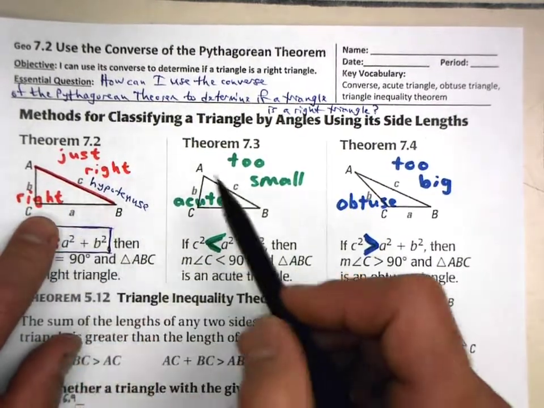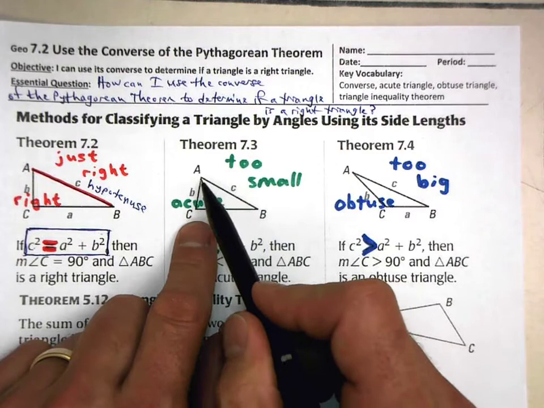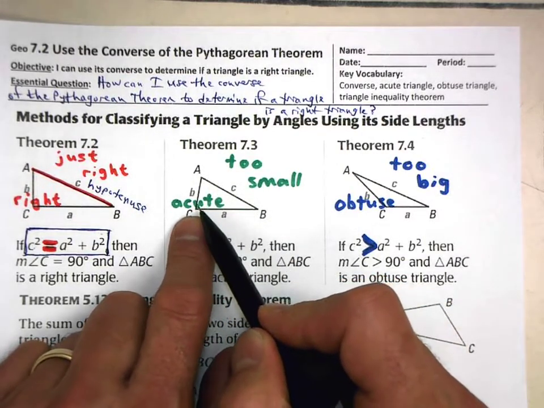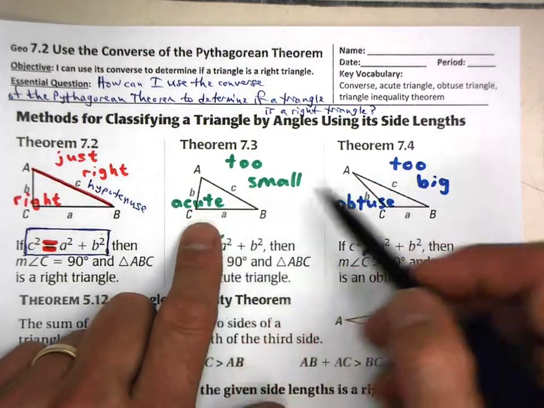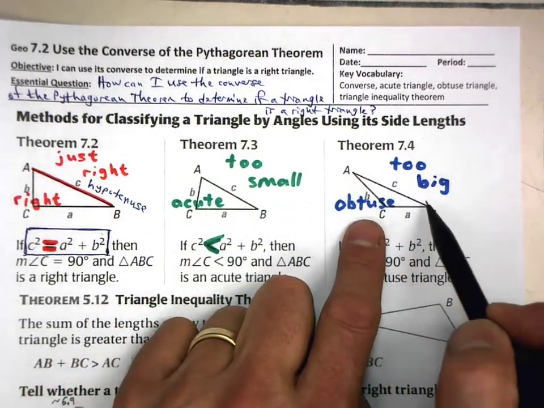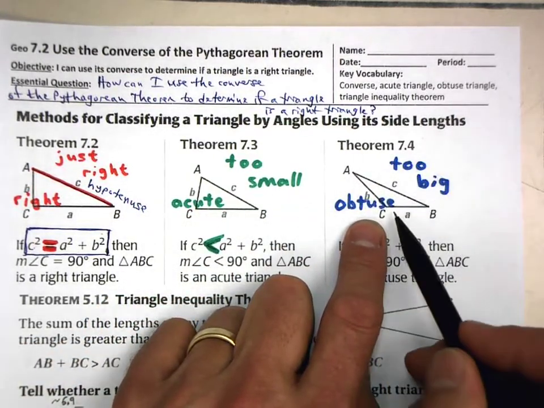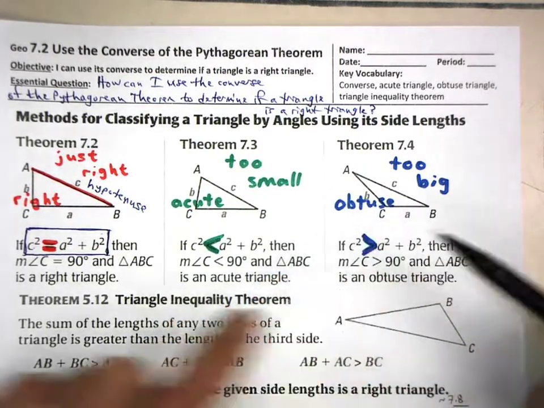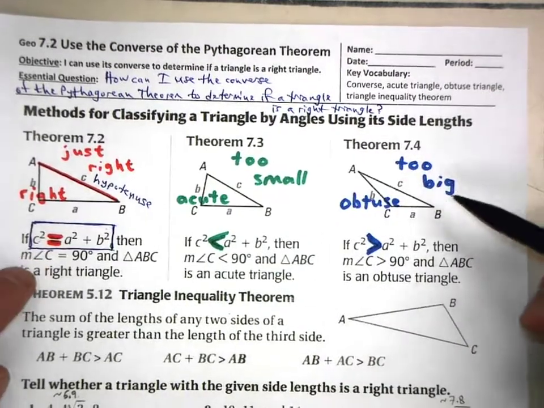Because sometimes it's not a right angle. Sometimes what should be the hypotenuse is too small, and that's going to be an acute triangle. Or sometimes what should be the hypotenuse is too big, and that's going to create an obtuse triangle. So that's why they call this the converse.